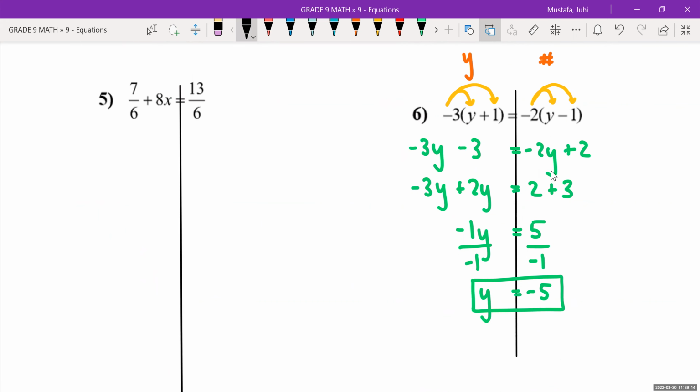So for this question, we have 7 over 6 plus 8x is equal to 13 over 6. The lowest common multiple is going to be a 6.